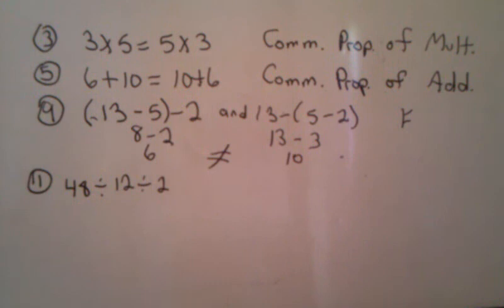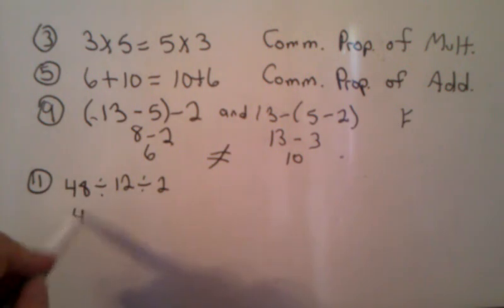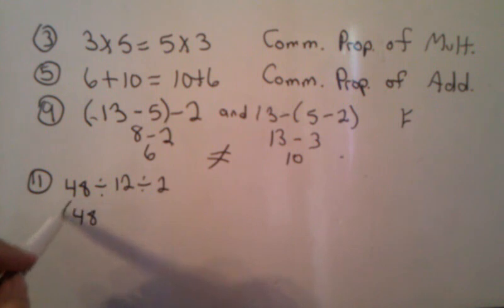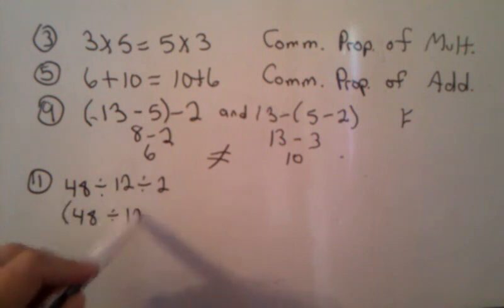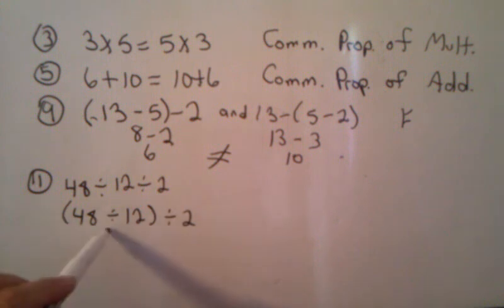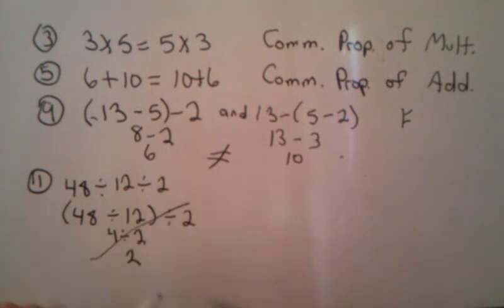All right, well, let's try this. If I do it this way, 48 divided by 12 divided by 2, 48 divided by 12 is 4, divided by 2 is 2. That doesn't equal 8, so it's not that one.